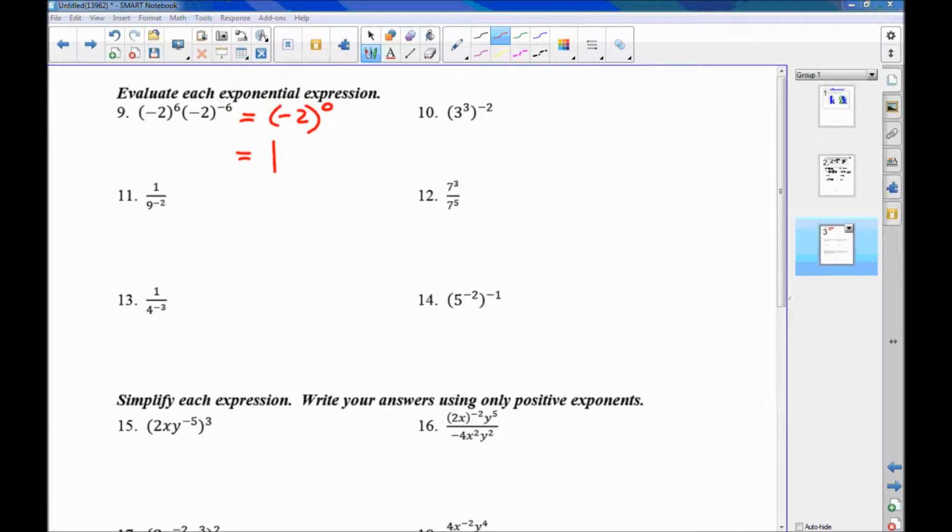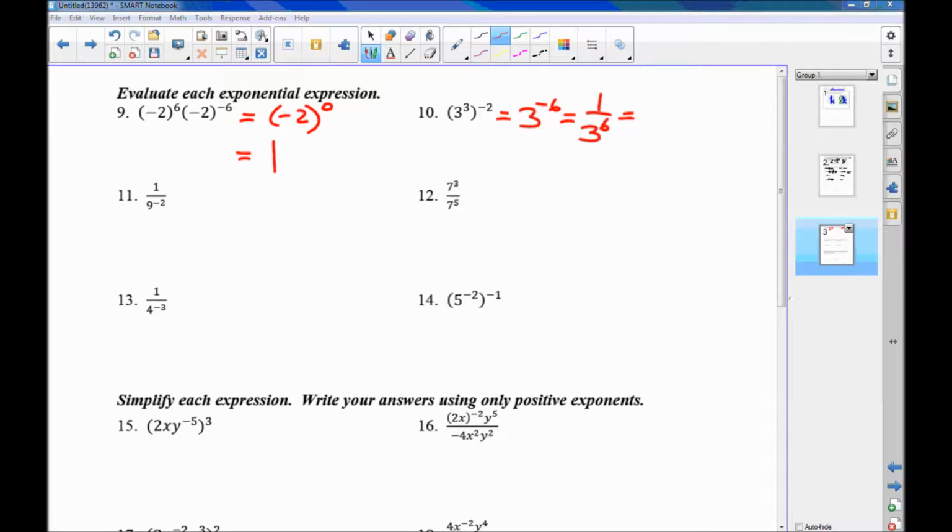Okay. Number 10, 3 to the 3rd power with a negative 2 on the outside. So this is our power rule. We take our outside exponent and multiply it to the inside exponent. So that will become 3 to the negative 6 power. And then we flip the base to the denominator of our fraction so that we can change our exponent from negative to positive and be able to work it out.